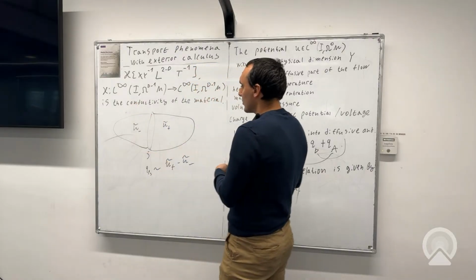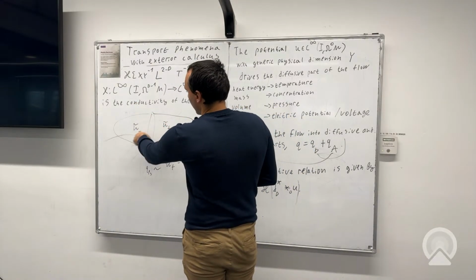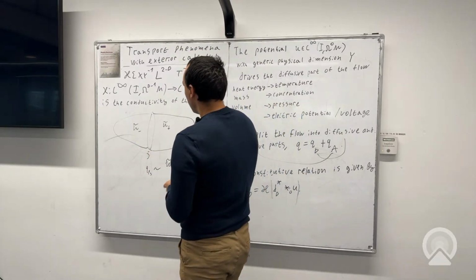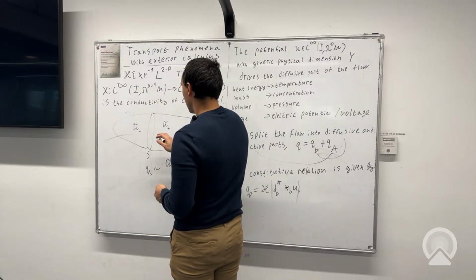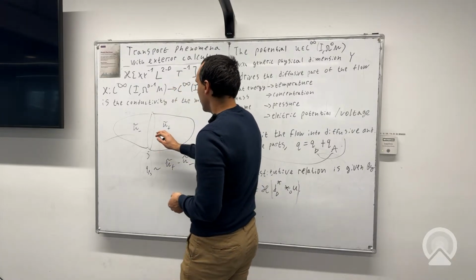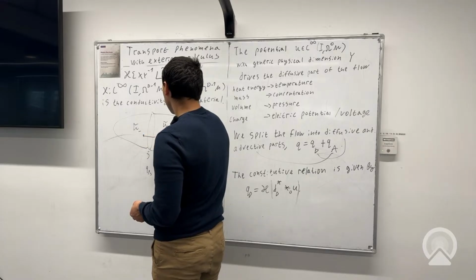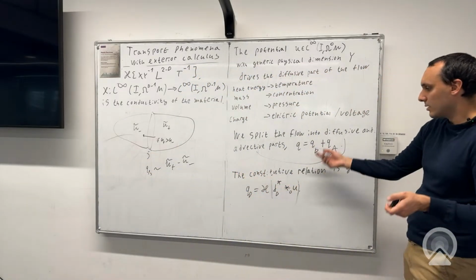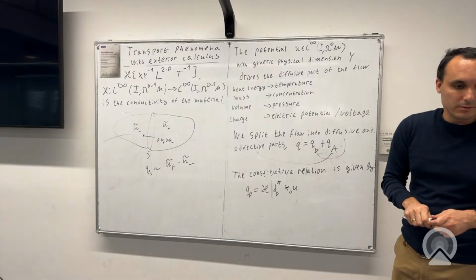So if there are more molecules here than here, the spontaneous movement means that we have flow in that direction. So if U plus is bigger than U minus, we get flow in that direction. And this is the quantitative version of this relation.